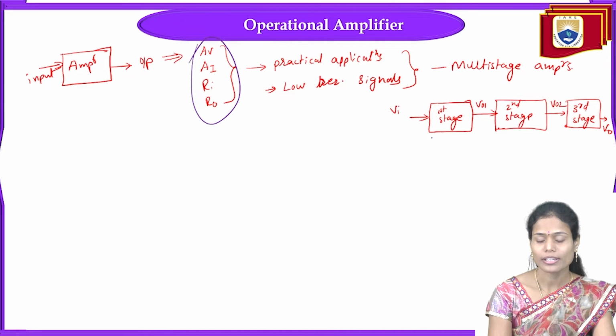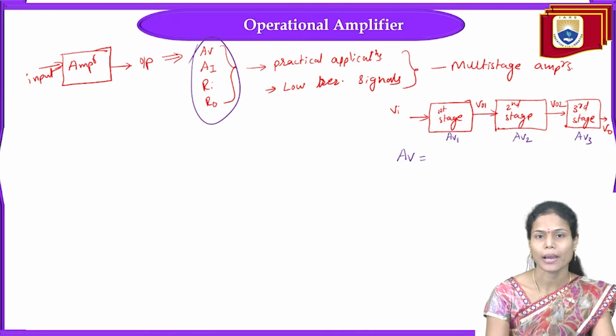In this case, the overall voltage gain of this multi-stage amplifier we can write as the first stage gain, AV1, the second stage voltage gain, AV2, and the third stage voltage gain, AV3. The overall voltage gain of this three stage amplifier is the multiplication of the gains of all the stages present in the circuit.